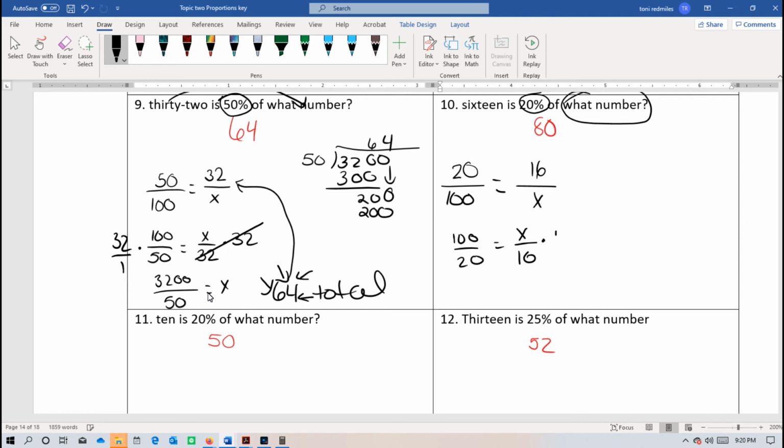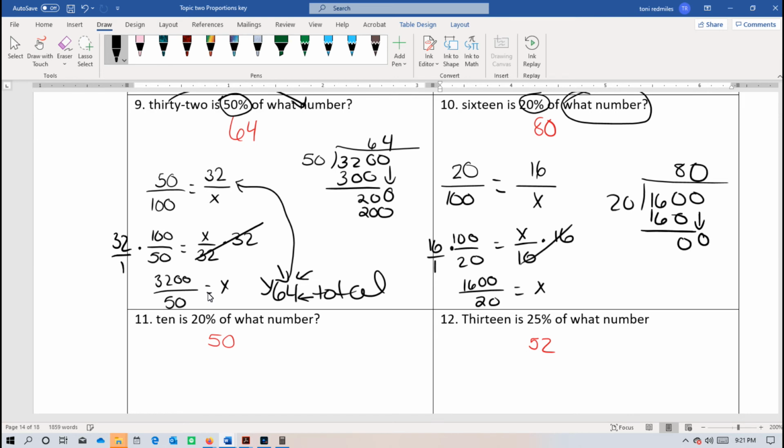Now I'm going to multiply both sides by 16. Those are going to cancel out, and this is going to be 1600 over 20 equals x. Well, this isn't too bad, because I know that 20 can go into 160 8 times. That's going to give me 160 exactly. And 20 can go into 0 0 times.